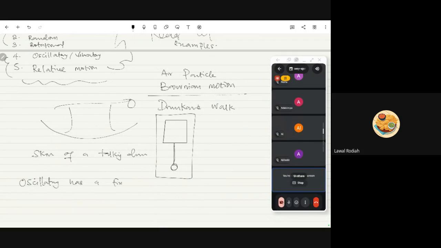A fixed mean position. We know the highest point, we know its rest point, and we know the other highest point. Do you understand? But random motion has no mean position. Do you get it? It has what? No mean position.